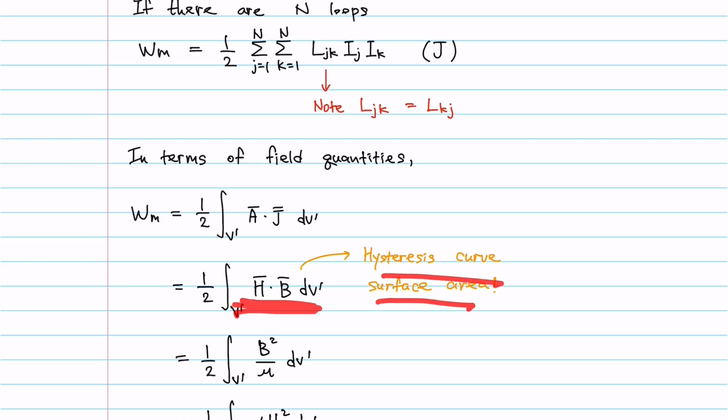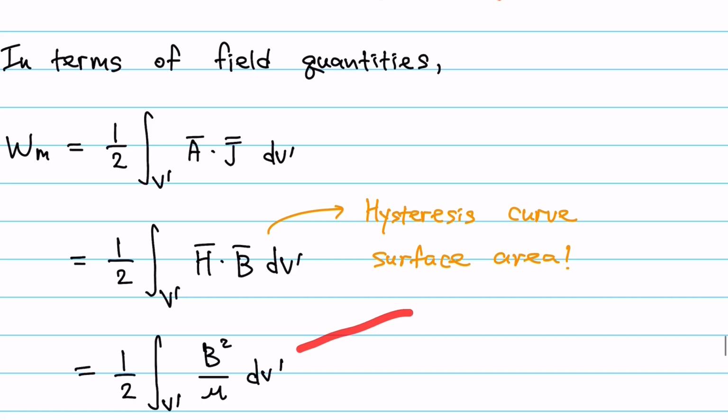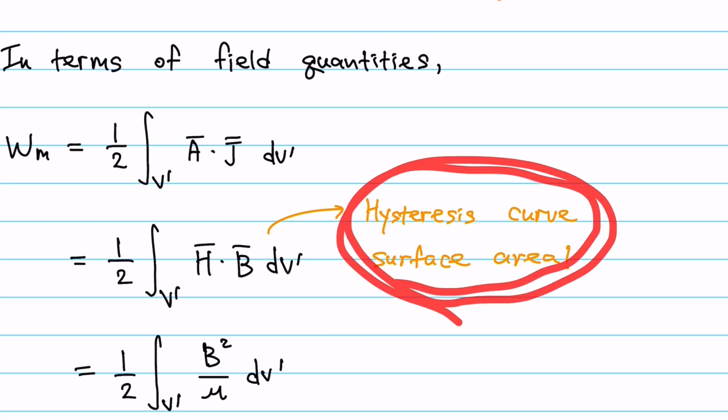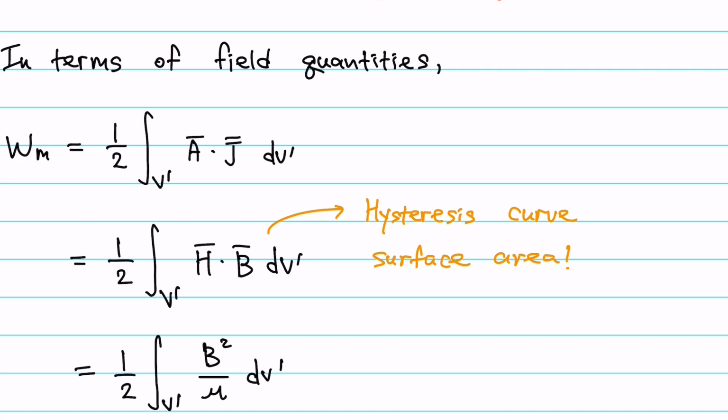When we were talking about the different magnetic materials, soft and hard magnetic materials, we looked at the hysteresis curve, and I mentioned that the surface area of that curve is an energy loss per volume. So if you multiply the two and integrate over the volume, then you get the loss, the magnetic energy, that way.